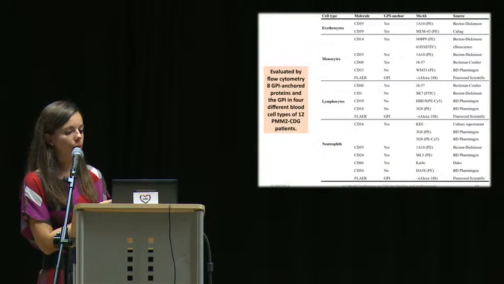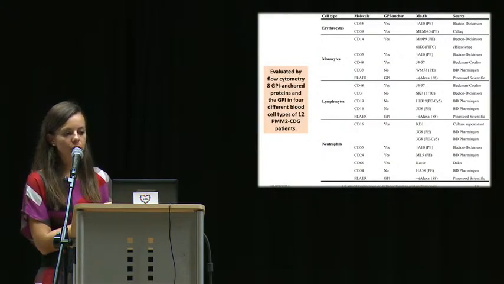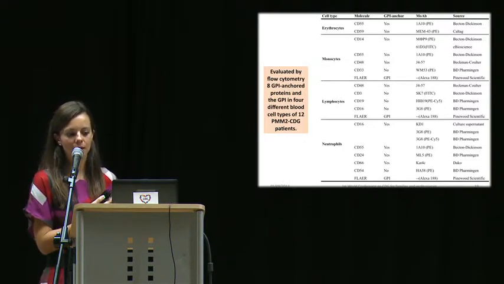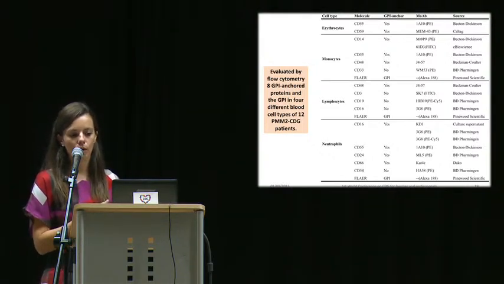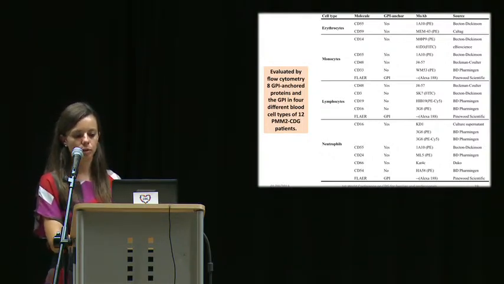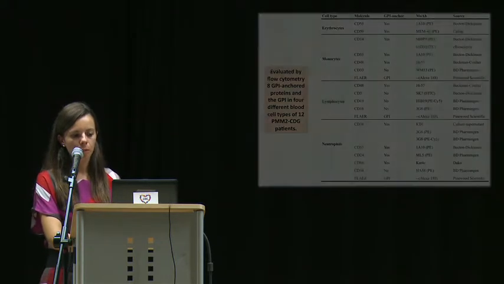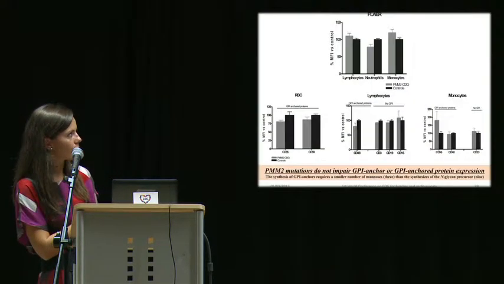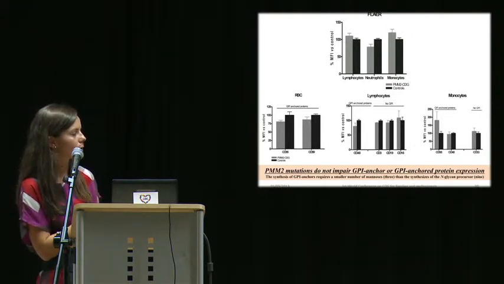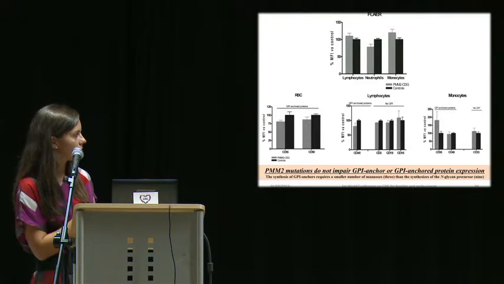So we evaluated by flow cytometry 8 GPI anchor proteins and the GPI itself in 4 different blood cell types of a cohort of 12 PMM2-CDG patients. And as you can see here in these graphs, the PMM2 mutation does not impair the GPI anchor or GPI anchor protein expression.